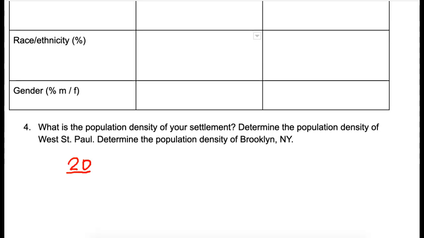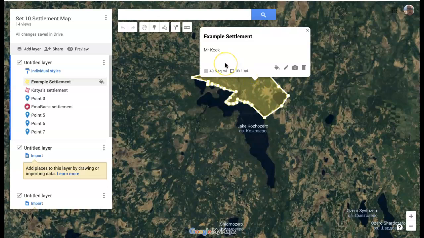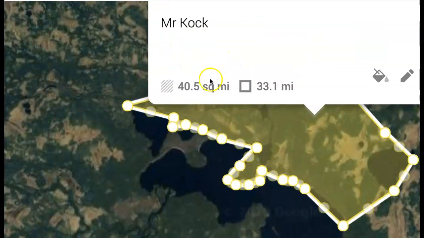So if I would go back to the set 10 settlement, which is not wanting to show up right now. So if I would go to my settlement here, this is my shape, I would just click on that settlement, and down here I have these two numbers.